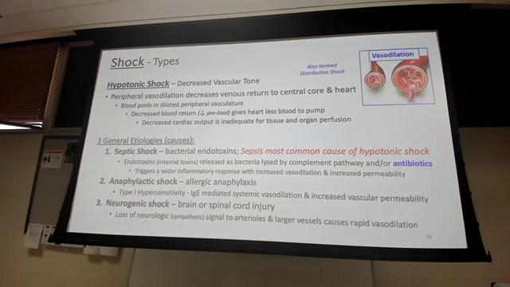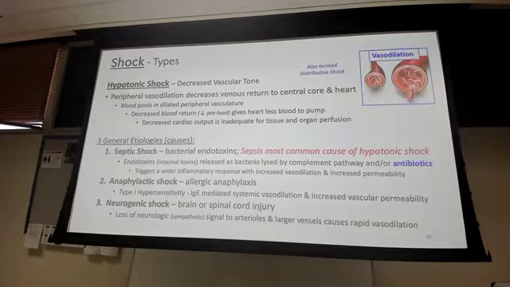Now, three things can cause this: septic shock, anaphylactic shock, and neurogenic shock. With septic shock, there are certain bacteria that have toxins within them. When our body starts to fight off these bacteria, or when we treat them with antibiotics and start killing them, they release these toxins, and those toxins kick off a large inflammatory process in our body.